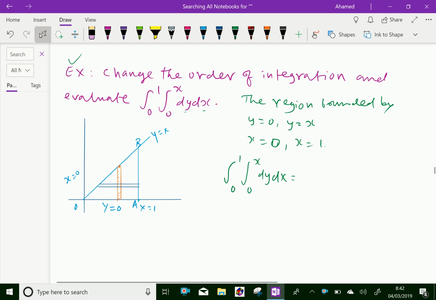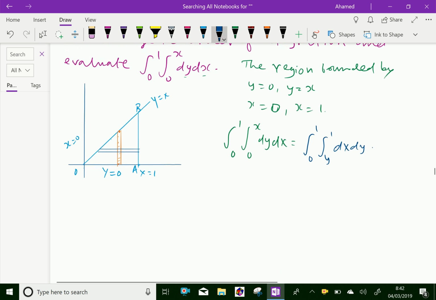Therefore, it can be written in terms of change of order of integration as integral 0 to 1 and integral y to 1, dx dy.